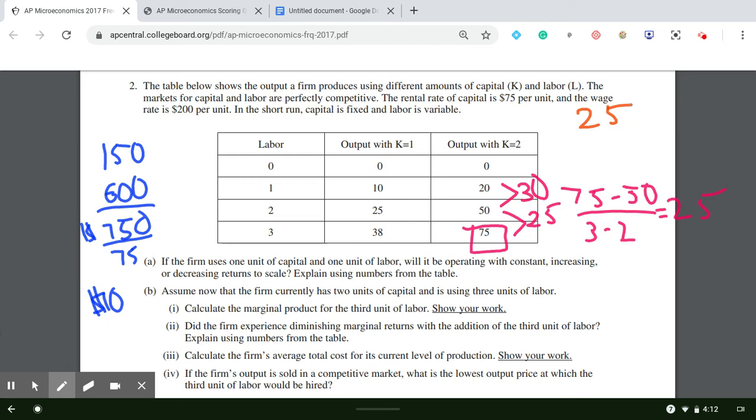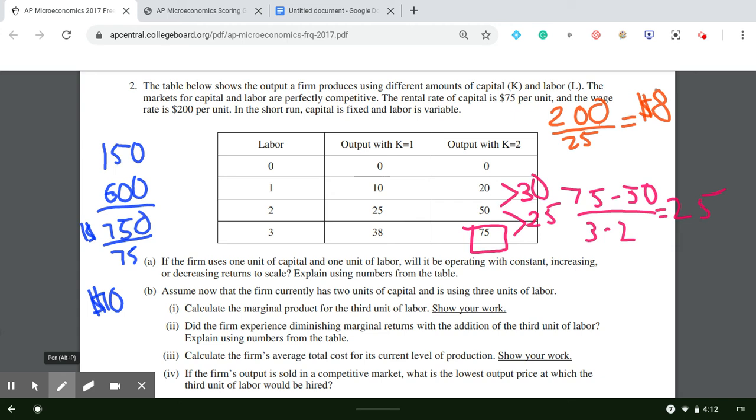They cost $200 per unit, and produce 25 units. So it would be 200 divided by 25 equals $8. So they need to be giving you at least $8 per unit, because they cost $8 per unit, so you need to get at least $8 per unit back, and you don't have to explain that.